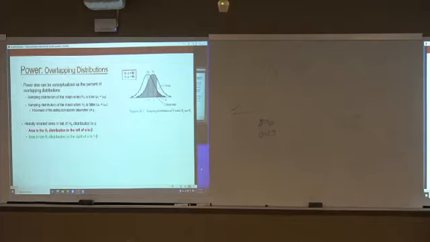So here on our null curve, we calculate this alpha level, this dark shaded area right here. If I find a mean that falls in that alpha level, that's when I'm going to say that I reject the null hypothesis, right?